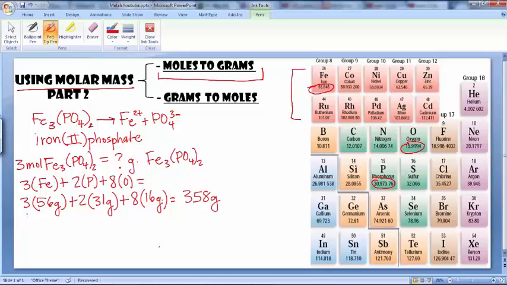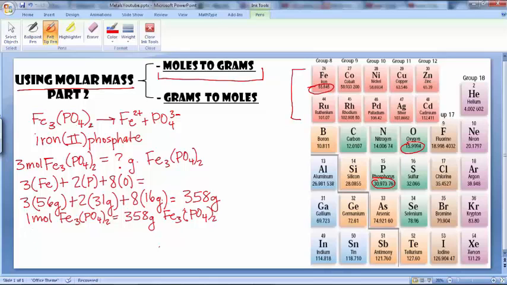So 1 mole of Fe3(PO4)2, iron 2 phosphate, is equal to 358 grams of iron 2 phosphate.